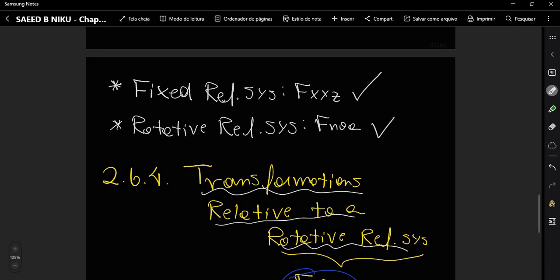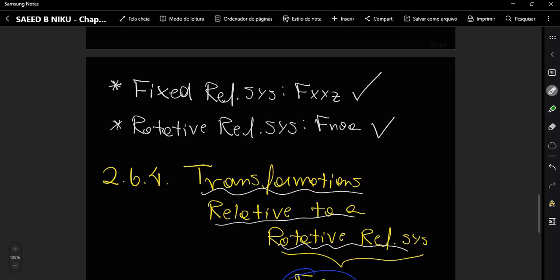The fixed reference system is the FXYZ reference system, and the rotative one is the FNOA. So now you know that it is possible to do transformations in relation to these two reference systems.